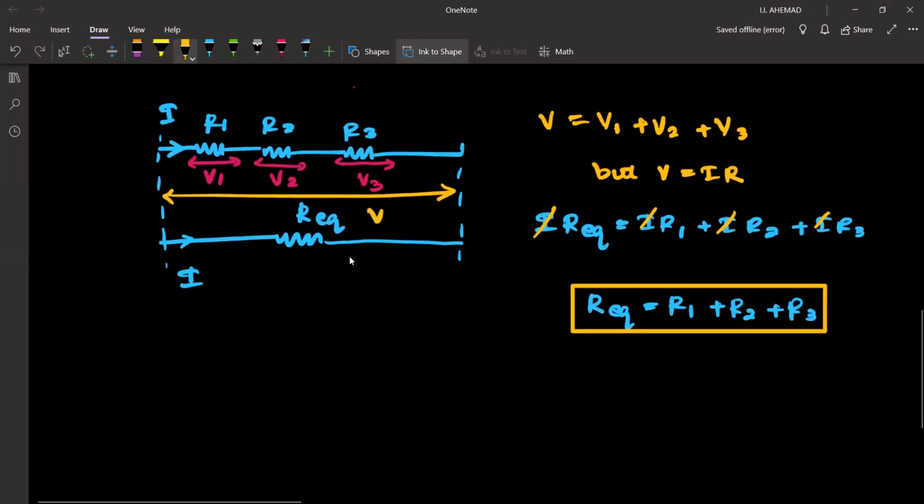So when do we call resistors in series? We should have the same current flowing through those resistors.